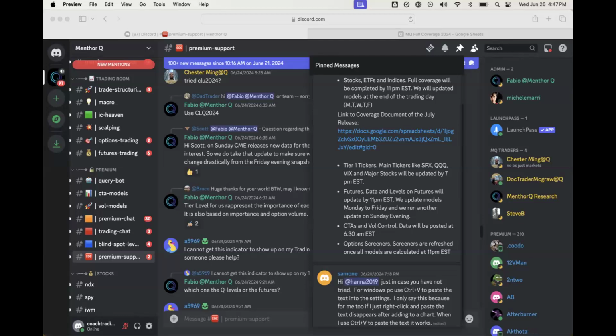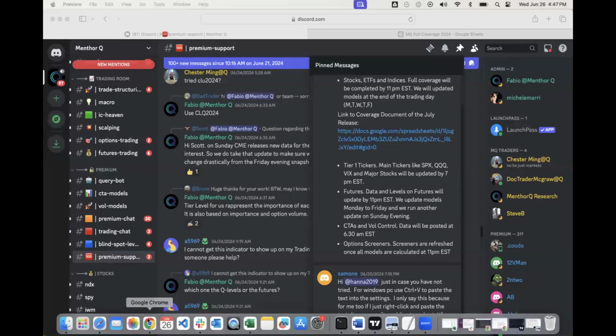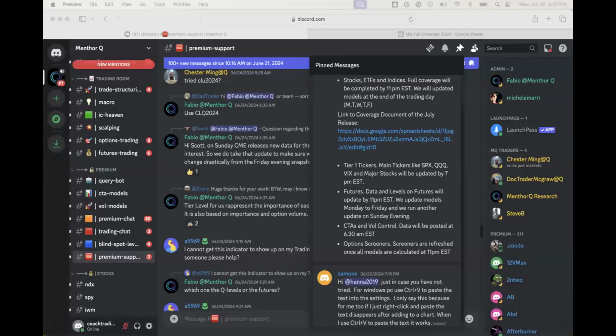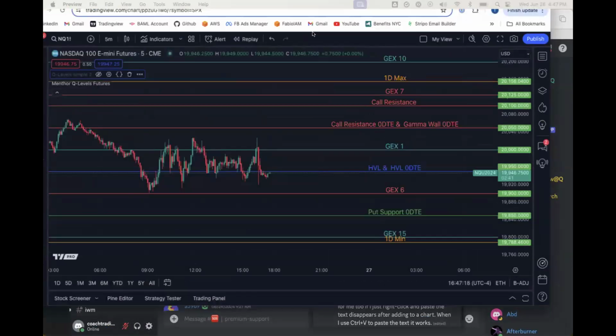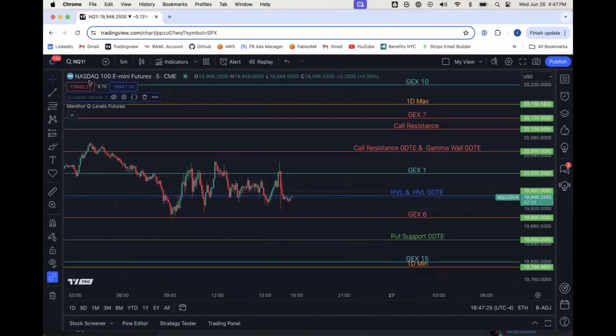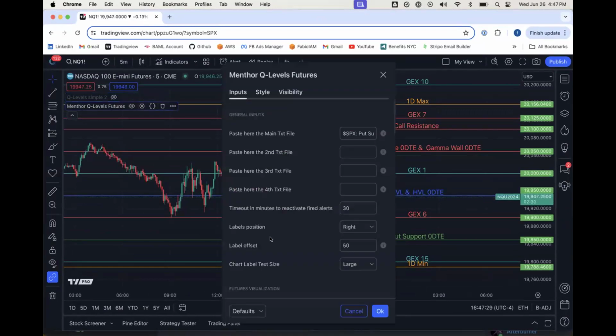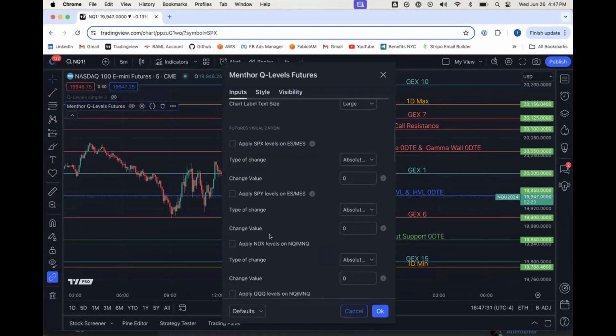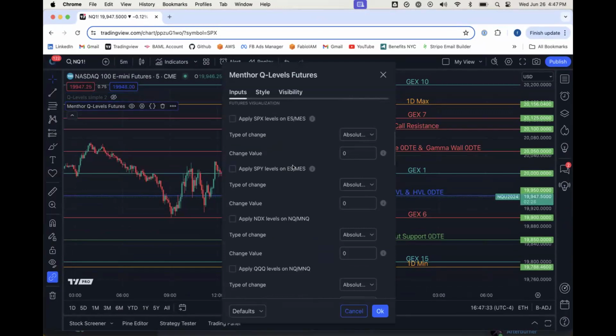That's great. Let me show you some other new things. One of the biggest questions we have is what ratio do you use to convert the levels? This is obviously Patrick's favorite question.